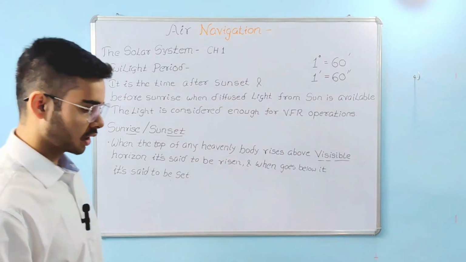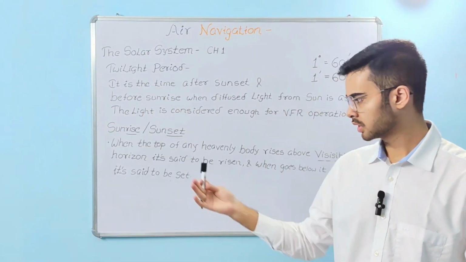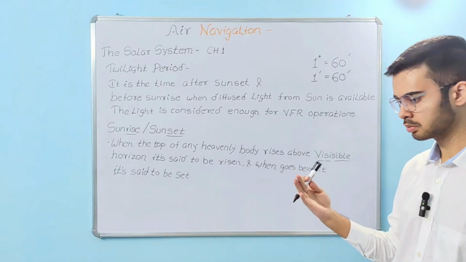This is how R.K. Bali sir has explained the rise and set of not only the sun but any heavenly body like the moon.